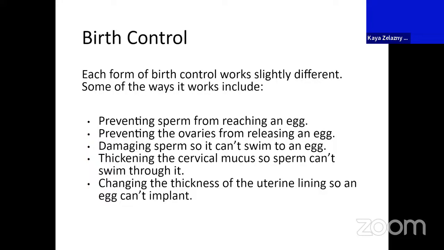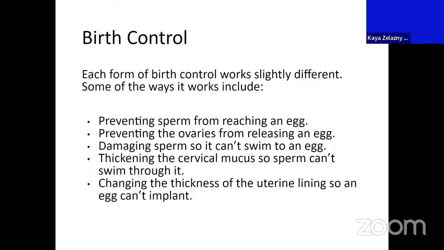We think about birth control with respect to pregnancy, obviously, but the different forms really work in different ways. They can target parts of the hormonal cycle. They can target fertilization. Potentially, they could target implantation. So it really depends. And they're a good way of thinking about all the things that have to work together for pregnancy to actually occur, right?